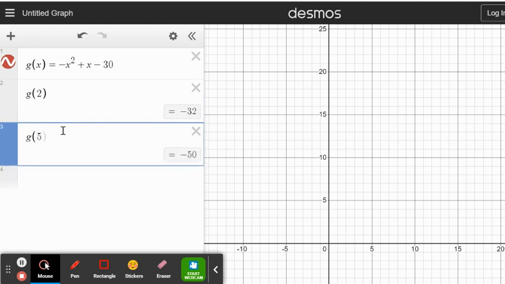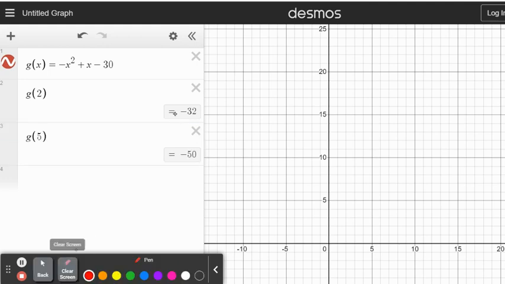And then for the work on this one, I have my y outputs, this is my y2, this is my y1. So I can do the work right here on this slide while it's up. I have -50 minus -32 over 5 minus 2.